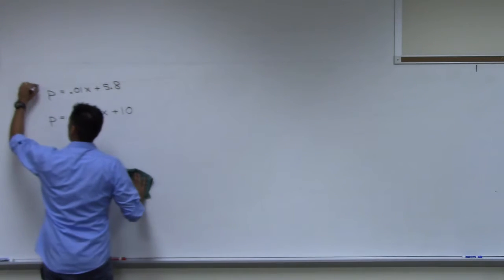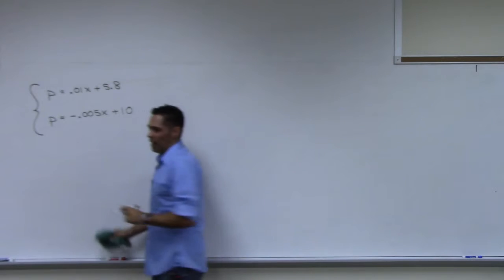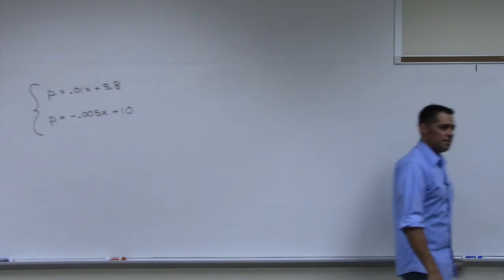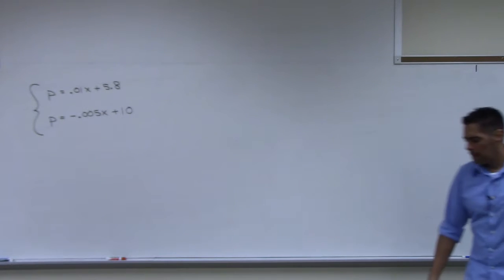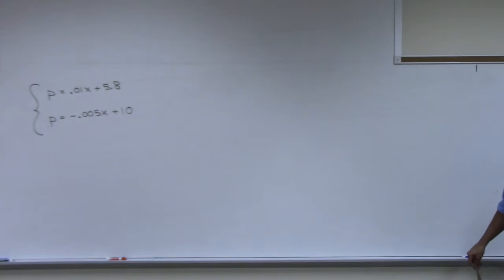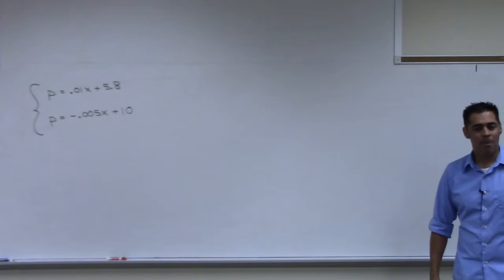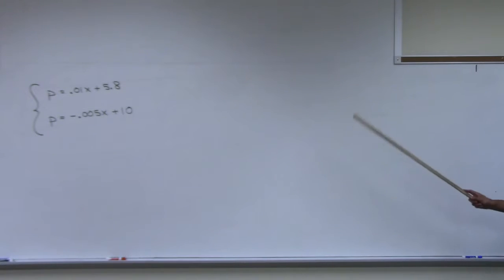And I'm going to put here the brace to let everyone know I'm about to do this. And I'm going to do substitution. So what is the first step to the substitution? Solve either equation for either variable.